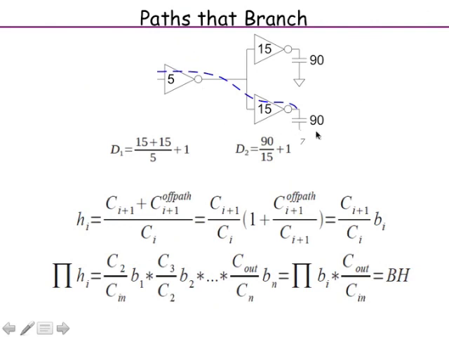The delay of the next inverter is 90 by 15, that is the electrical effort, logical effort is 1, plus 1. So in this example, the total effort is not just 90 by 5. The total effort is something more because of the presence of this branching out here. In between, in the path, there is extra load which is hanging off the path.